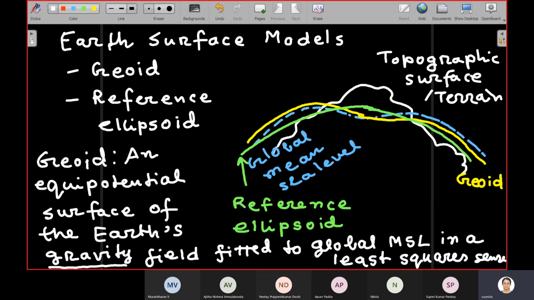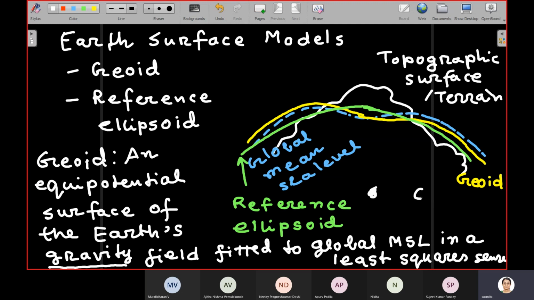So we take an equipotential surface of the Earth's gravity field and then fit it to the global mean sea level in a least square sense. Least square sense means we take the difference at different points on the Earth, the difference between the equipotential surface and mean sea level. So we get many differences because we consider different points on the surface of the Earth, and then we find the sum of square error.